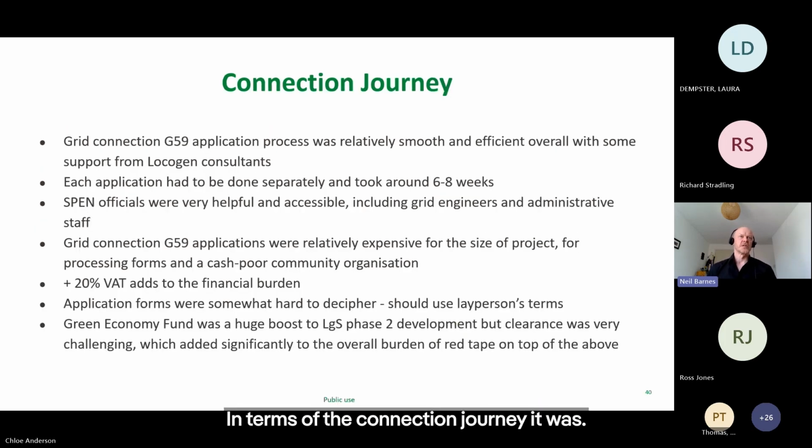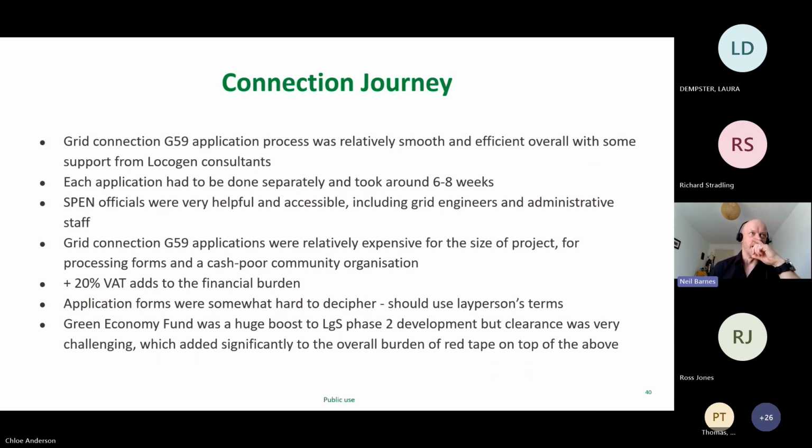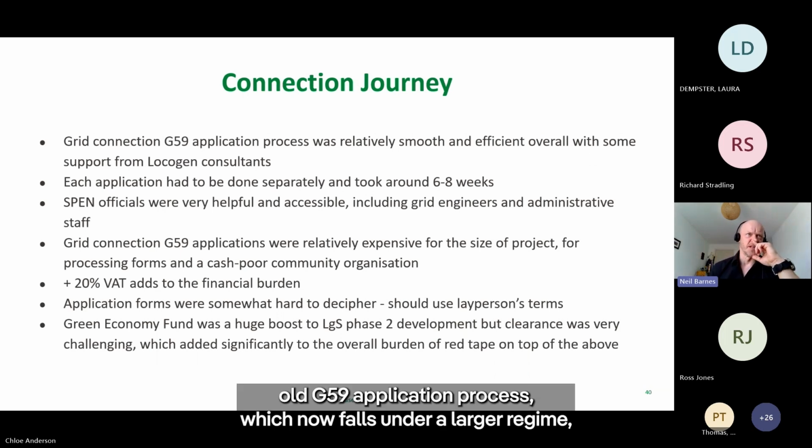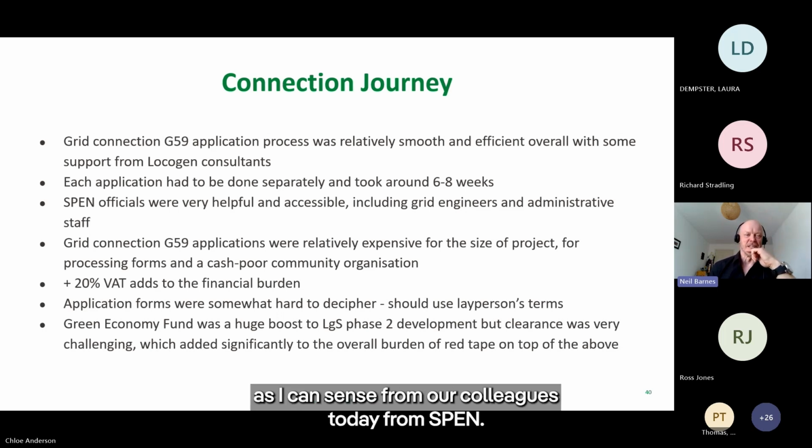Thanks, Ross. In terms of the connection journey, as I said before, it was a pretty positive journey. It was under the old G59 application process, which now falls under a larger regime. Things have obviously moved on, as I can sense from our colleagues today from Spen.